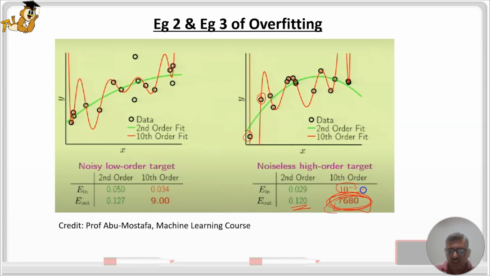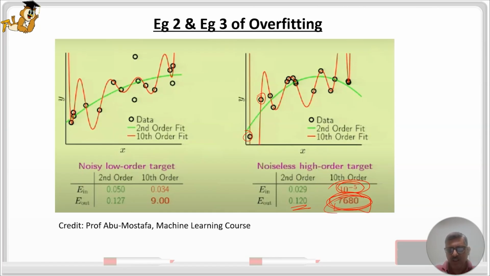Your E in was extremely low for the 10th order polynomial. So the 10th order polynomial tried to do an extremely good fit into your data, giving a very, very low E in, but in the process it destroyed the E out. As you can see, higher order polynomials generally do a pretty poor job of E out when you are trying to fit either noisy data or noiseless high order target data.